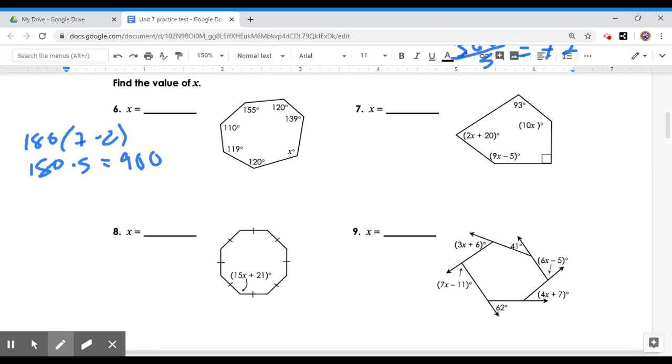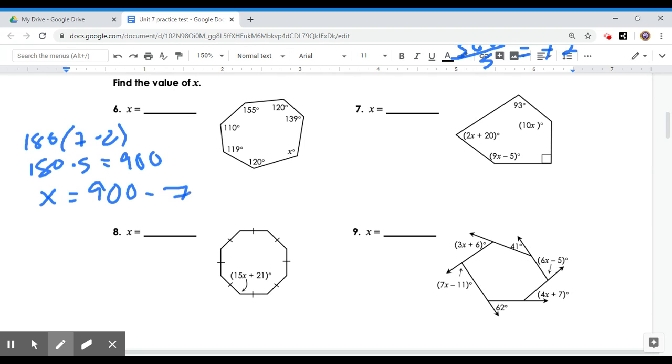So then what you need to do is add up all of these numbers. So 139, I'm doing this on my calculator, plus 120, plus 155, plus 110, plus 119, plus 120 is 763. So then to find x, x equals 900 minus the sum of all these other angles.